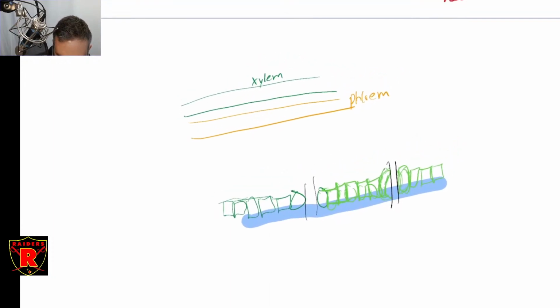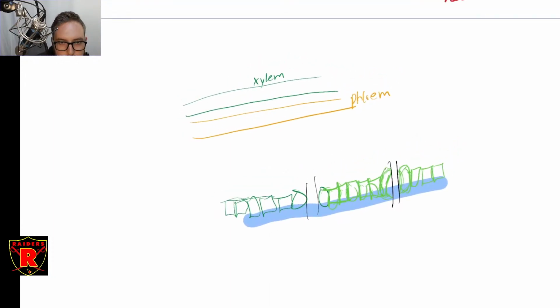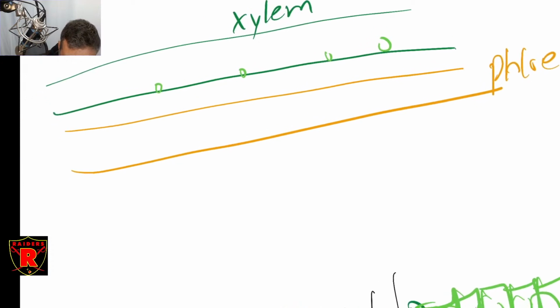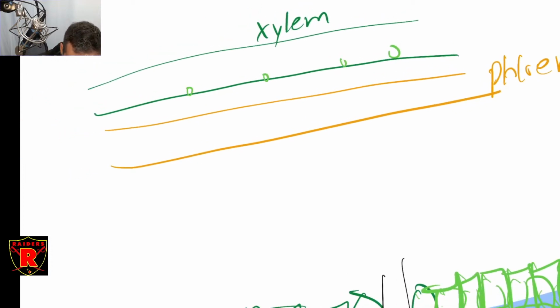So the xylem is the one that's playing the active role here in photosynthesis in terms of bringing water up. And so there are these little micro passages here. And as water is being drawn in, I probably should have drawn this a little bit bigger, but I'll zoom in. So we've got little H2Os here.